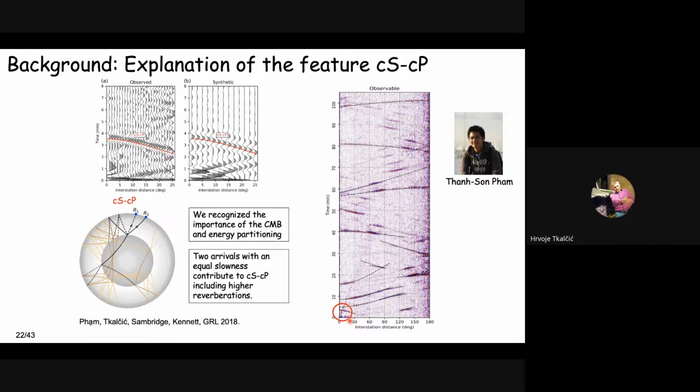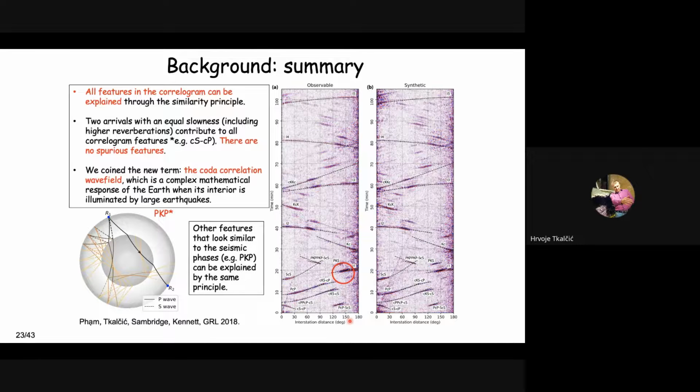At that point, we realized that it's not only these spurious phases, but pretty much everything we observe in the global parallelogram, such as, for example, PKP, and that's why we call it PKP star, because it's really not the physical PKP waves. So here you imagine R1 and R2, and if you have a source at this point, you're going to observe PCP waves at R1, and you're going to observe PCP and then PKP at R2. So that's a phase that bounces off the Earth's surface and travels to R2.